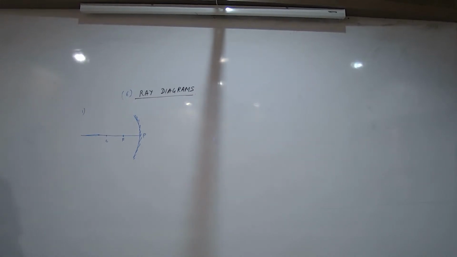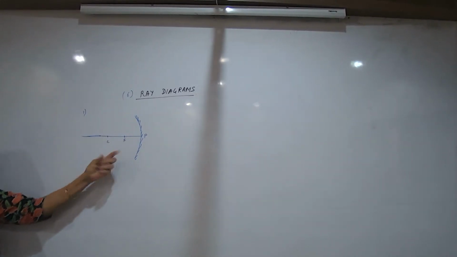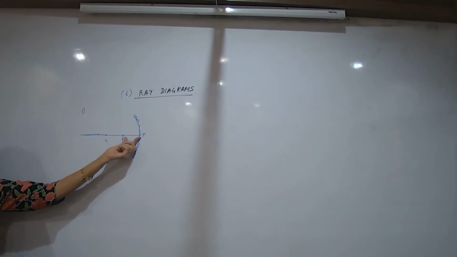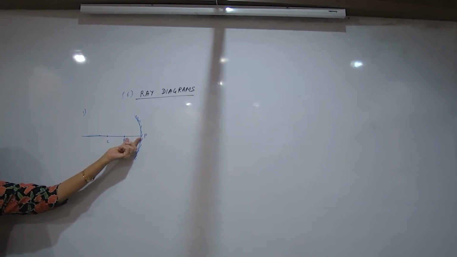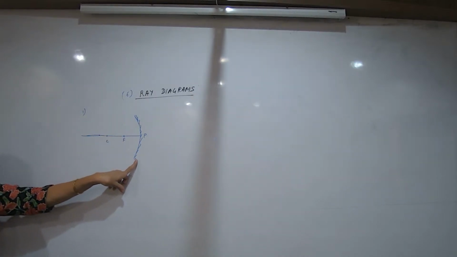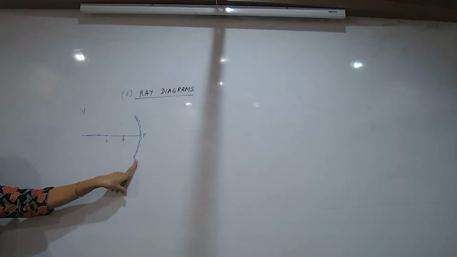Now, usually in the schools, we suggest that you take this distance as, let us say, 2. Obviously, this is also going to be 2. Isn't it? Exactly half. And that's why I said you must use your scale and instruments to draw a perfect curve even for the mirror.